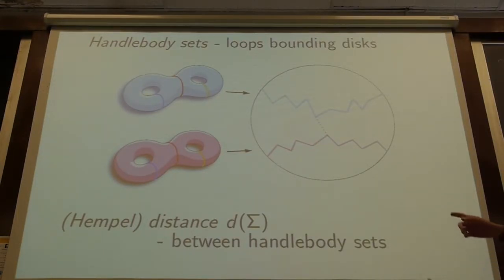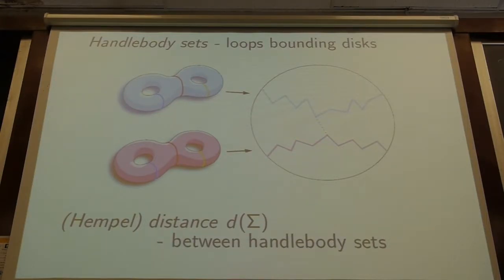So we have a bunch of loops that bound disks in one handlebody, and that gives us some set in the curve complex. And then we have a bunch of loops that bound disks in the other handlebody, and that gives us another set. And then the Hempel distance is just the distance between those two sets. So it's the minimal number of edges from any vertex in the blue set to any vertex in the pink set, which is supposed to be red. Is that okay? So this is the distance of the Heegaard splitting.